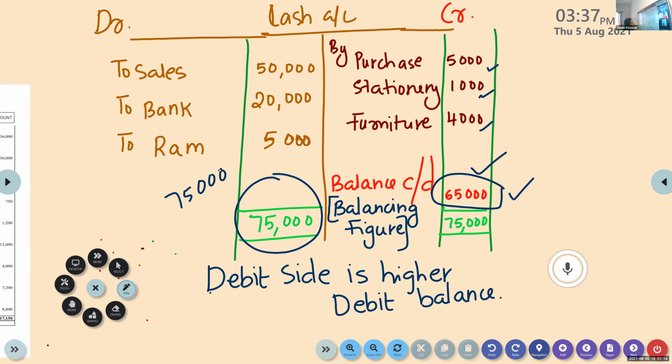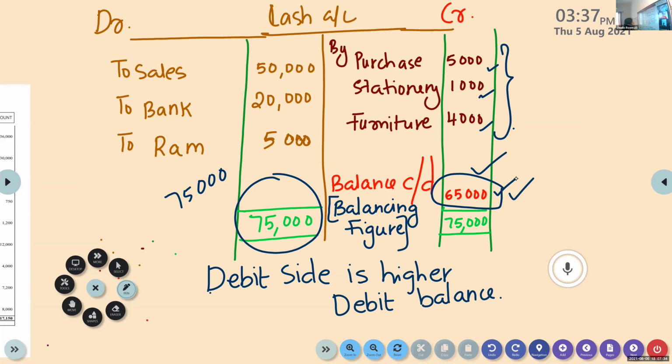From the 75,000, you have purchased 5,000, stationery 1,000, furniture 4,000. So these amounts have gone from you. Now what is left in your purse? It is 65,000. Did you understand?